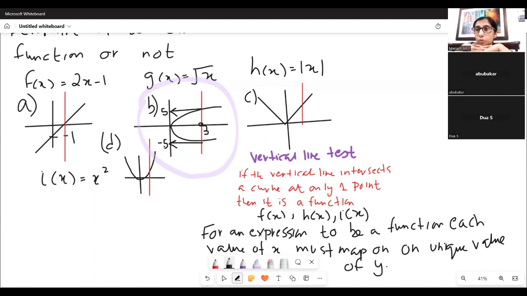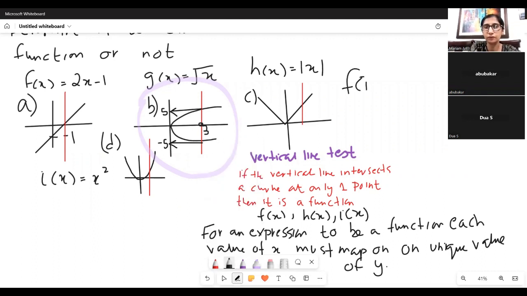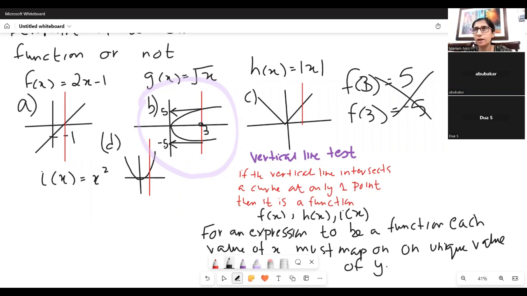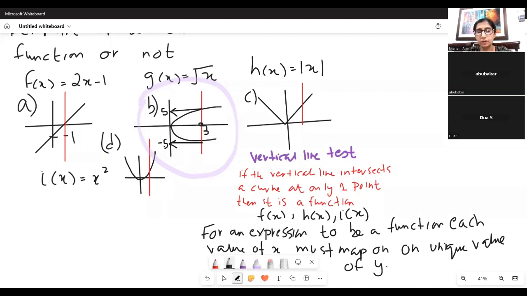Each value of x must only produce one value of y. One input must give only one output. Two different outputs cannot come. Have we ever studied that the answer of f(3) can be 5 and also the answer of f(3) can be -5? That is incorrect. The answer of f(3) will be either 5 or -5, depending on our question. Okay. So how do you quickly tell if a graph is a graph of a function? You draw the vertical line and see if it is passing or failing the test.